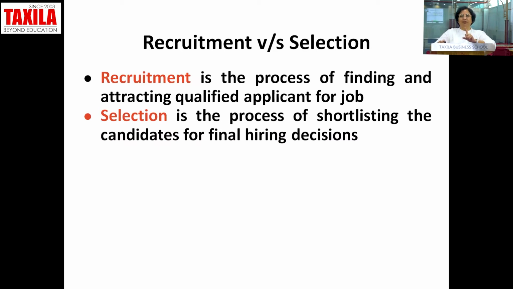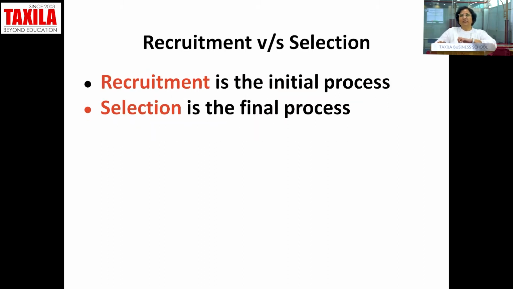This is the first major difference as far as the activities are concerned. In recruitment, the activities are of inviting, and in selection, the activity is of eliminating, right? Recruitment is the beginning process, the initial process in the staffing, while selection is the final process in the staffing, because now the candidate has become your employee and you have started the induction or orientation program.